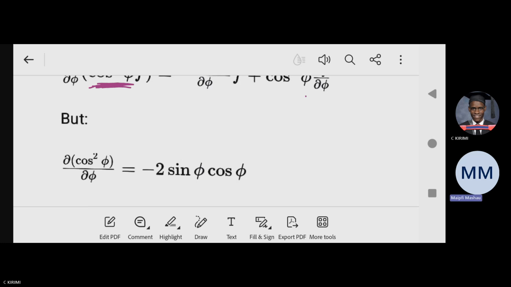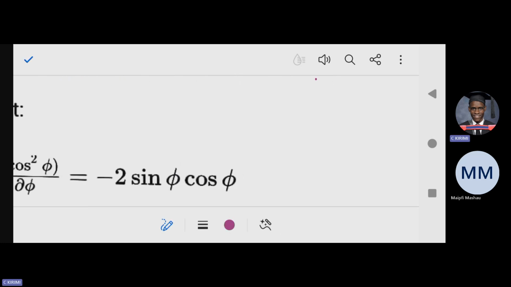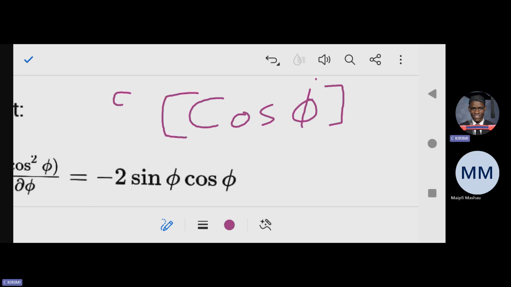So this is cos, now it's cos phi, and you are differentiating with respect to phi.